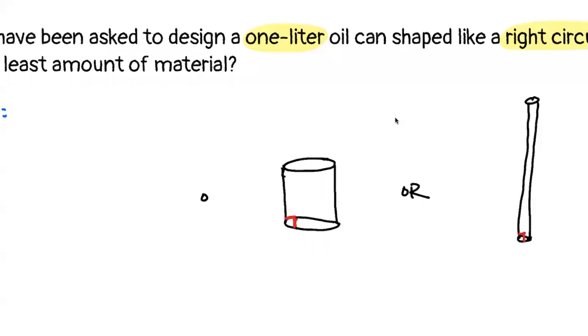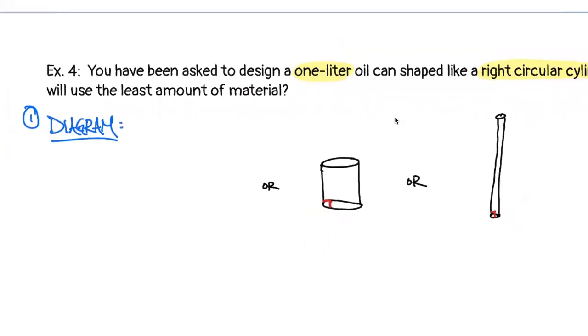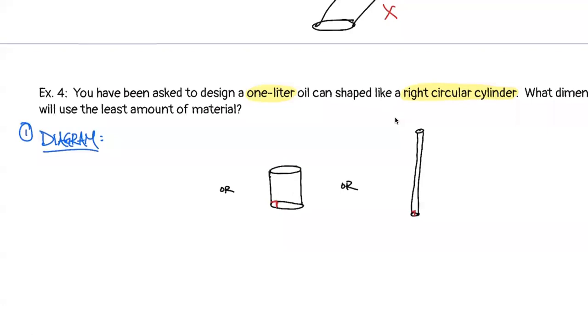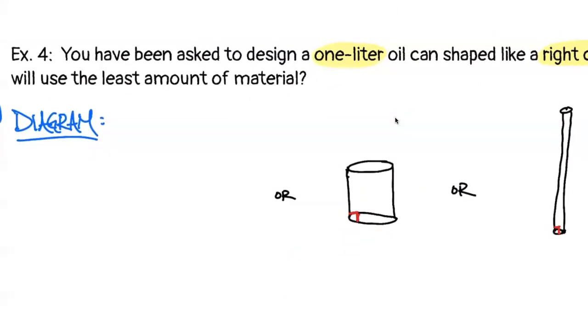What might be one more alternative for a can? Yeah, maybe something that is very wide and relatively short, maybe something like a can of tuna, right? That's another can design.